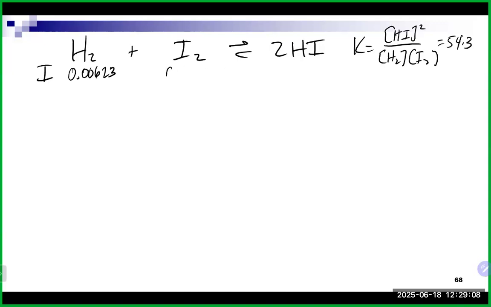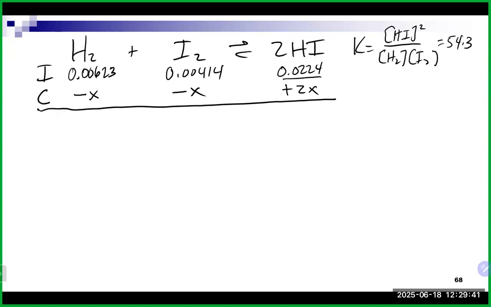For I2, we got 0.00414. And in this case, this is not going to be zero as we were given an initial concentration of our products. So we do need to put that into our initial line here. And really the purpose as to why we calculated Q there was to verify which way it's going. Our change, because we know it is going to go to the product side, this is going to be minus X, plus 2X here on our product side.